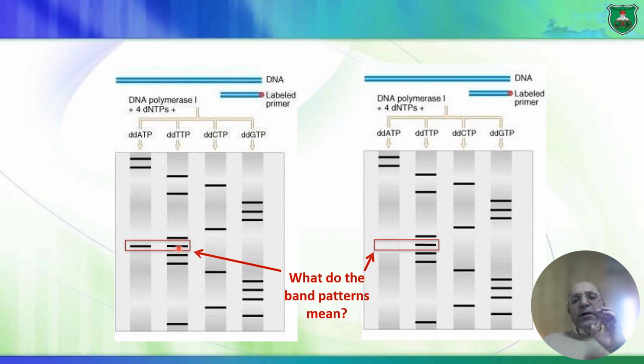Remember that we are diploid. We have 2 copies of every chromosome, of every piece of DNA. We take one from the mother, we take the other from the father.